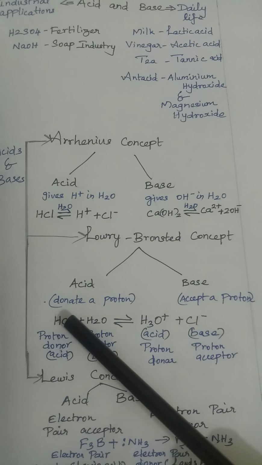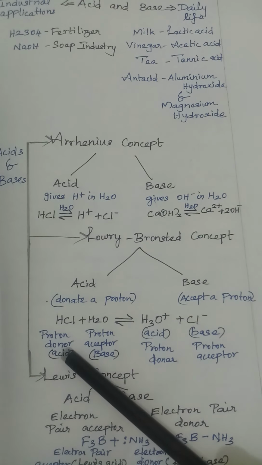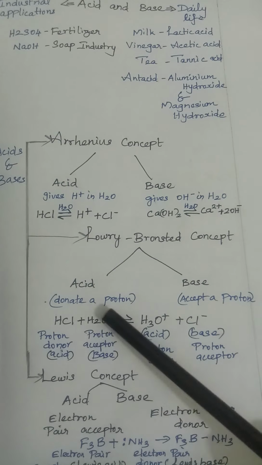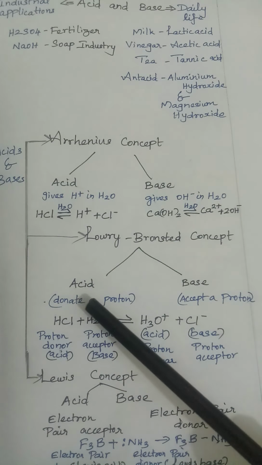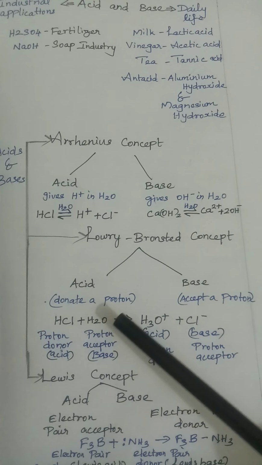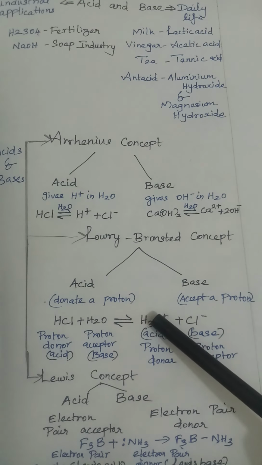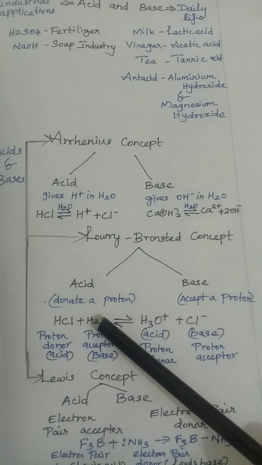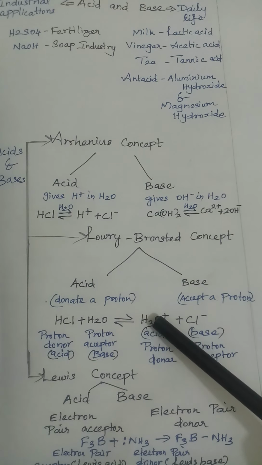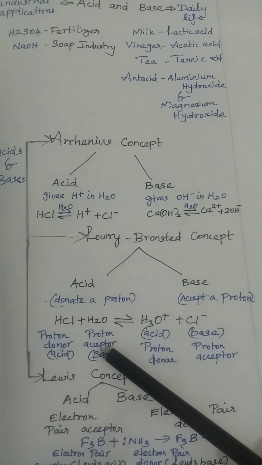So HCl donates the proton and acts as an acid. Then H2O acts as a base, accepting a proton from HCl and becoming H3O plus. Proton means hydrogen. After accepting the proton, H2O becomes H3O plus. H2O acts as a base.